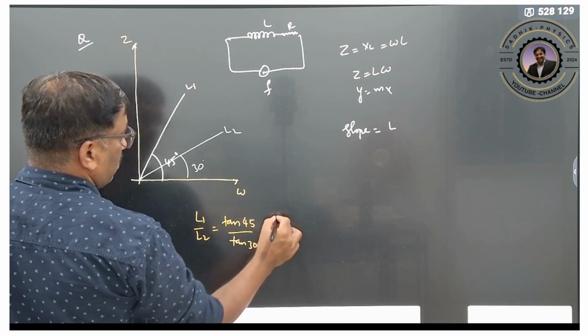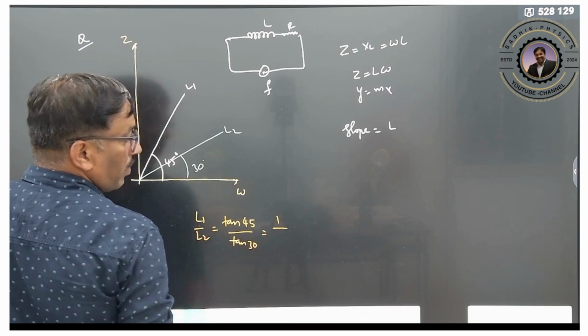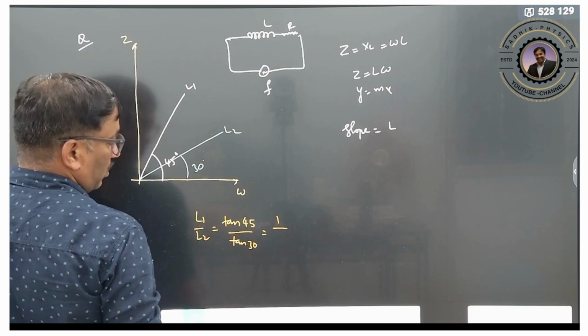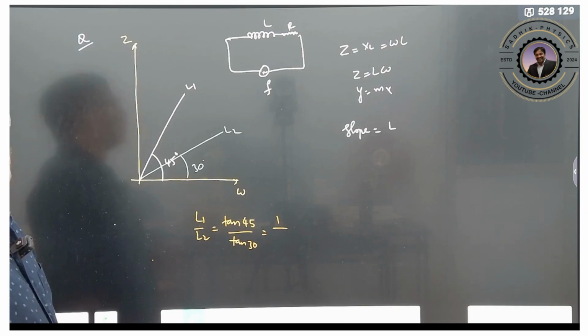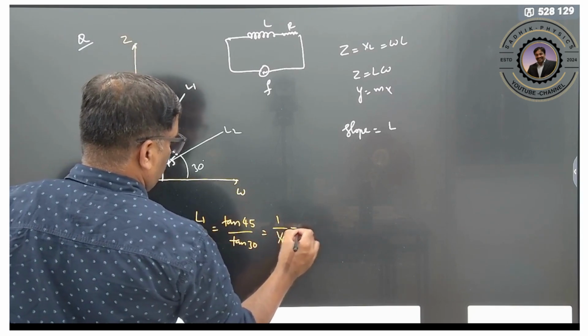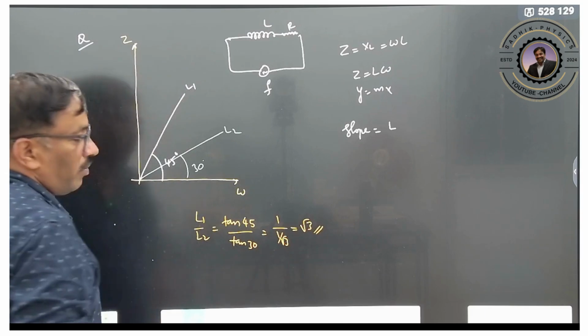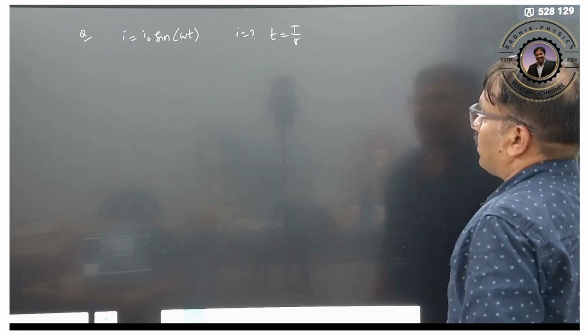Tan 45 is 1, and tan 30 is 1 by root 3. Therefore it will be root 3. Clear?